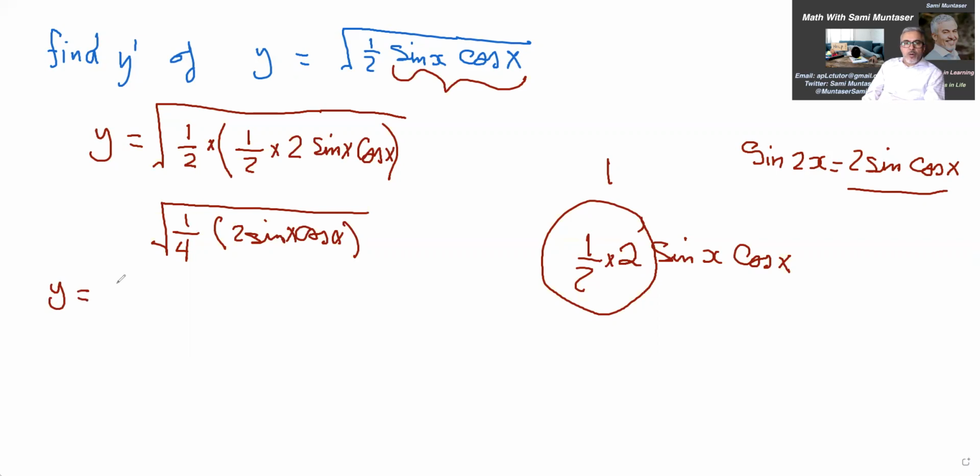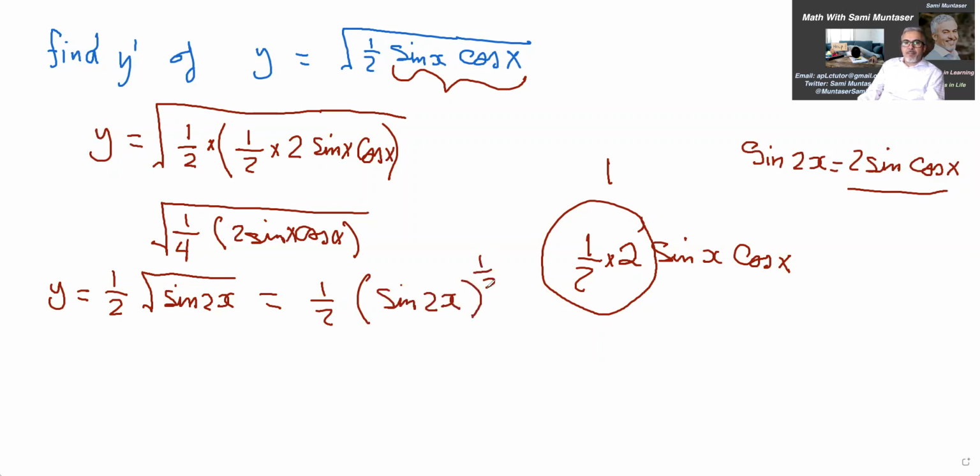The square root of 1 is 1, and the square root of 4 on the bottom is 2. And then I still have the 2 sine x cos x, which I'm going to change to sine 2x. That's what I was doing. So that's sine 2x right there. And also I'm going to change this into a half times sine 2x to the power of 1/2.